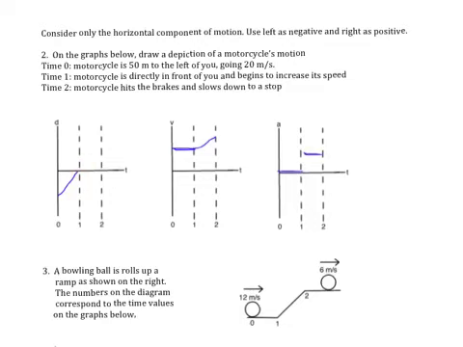So this is going to be a little bit tricky to do, but I'm going to try. That's supposed to be an upward curve. It's hard to draw. Okay, now what happens is the motorcycle at time 2 hits its brakes and slows down to a stop. So let's just look at the velocity. So the velocity is going to go from here down to a stop. That means it has a negative acceleration. Since this slope is negative, it has a negative acceleration.